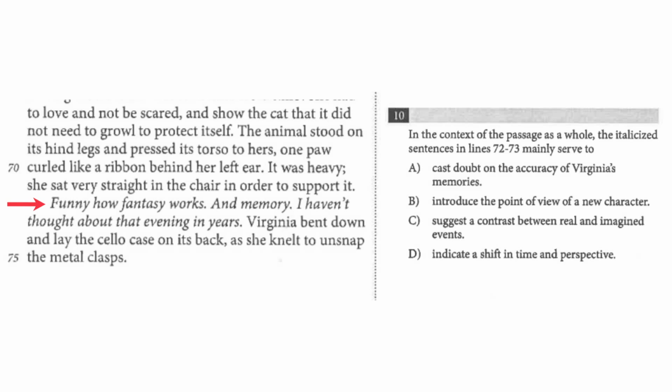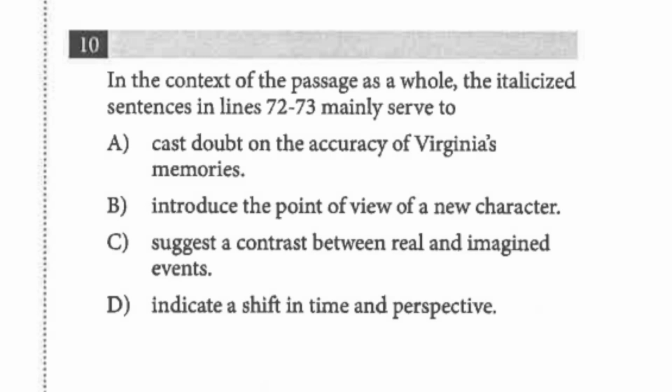So here's what the question looks like. In the context of the passage as a whole, the italicized sentences mainly serve to... Well, first and foremost, as trained test takers, we know that "mainly" should be crossed out, because the word "mainly" is prompting us to use our own judgment, and we should never, ever be using our own judgment.